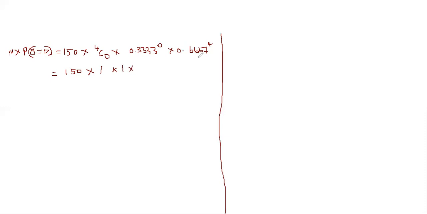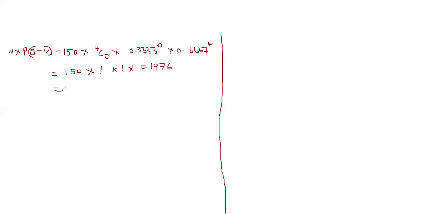Now 0.6667 raised to the power of 4 we need to find. 0.6667 into 0.6667 into 0.6667 into 0.6667 is equal to 0.1976.